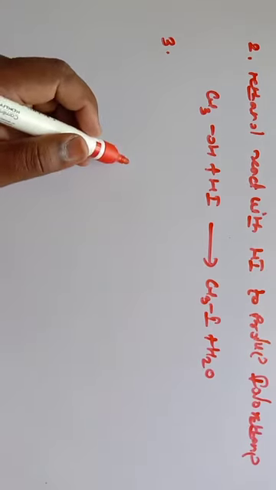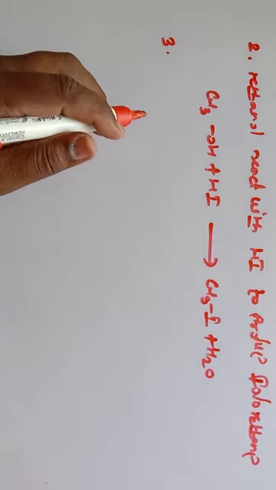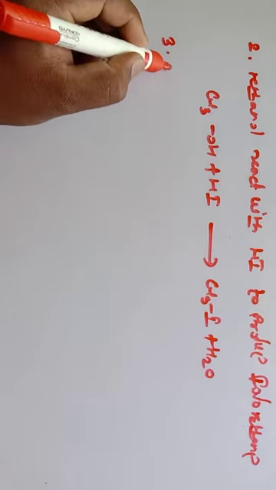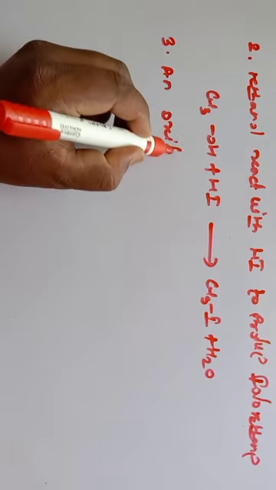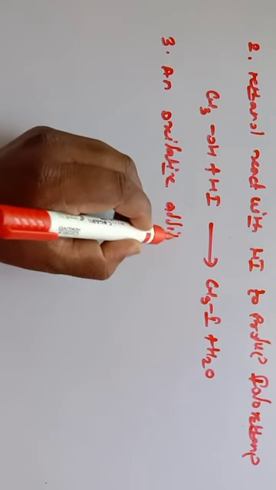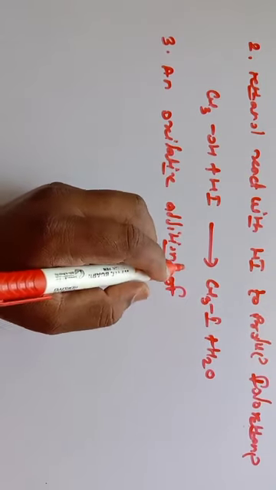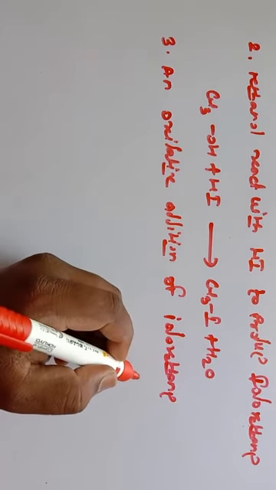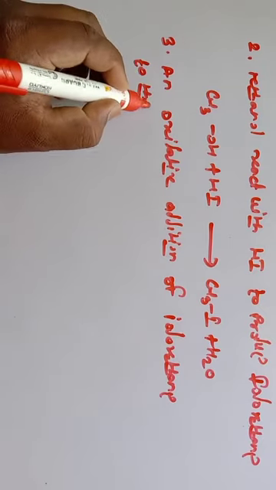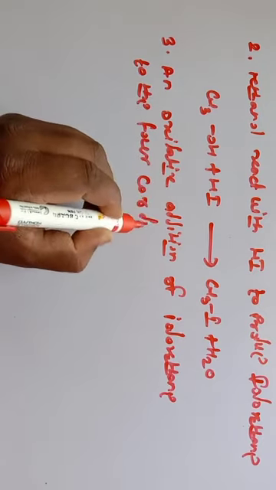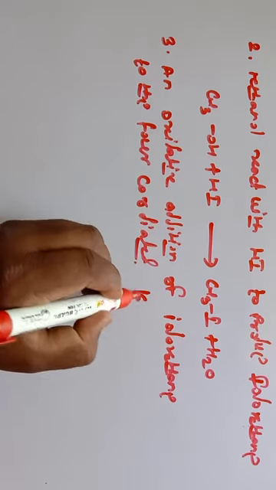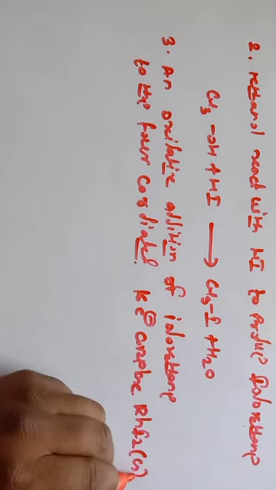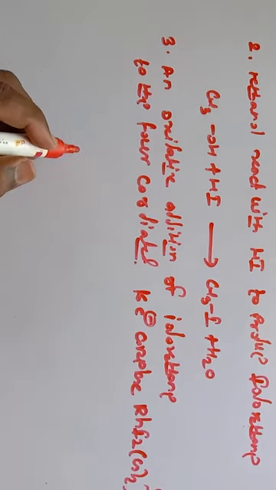Then the third step is the oxidative addition of iodomethane to the active catalyst, the four coordinated 16 electron complex, that is [Rh I2 (CO)2] minus.